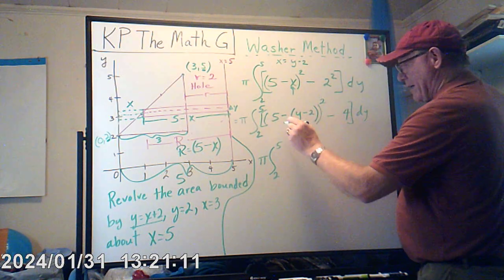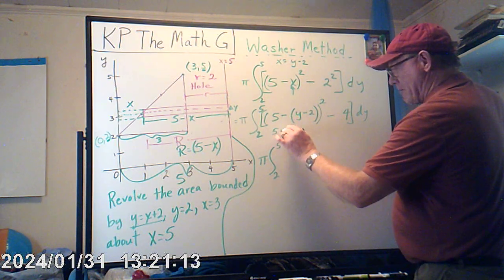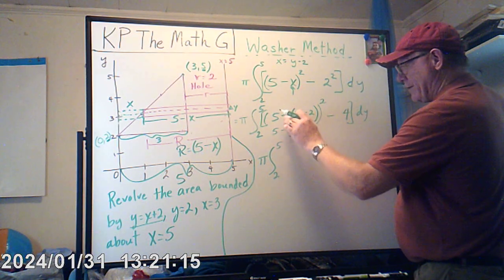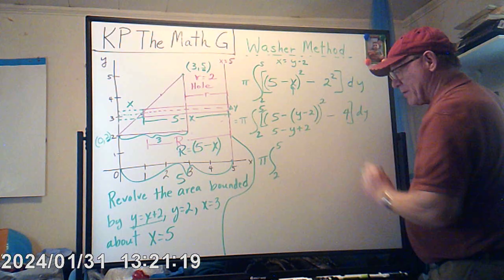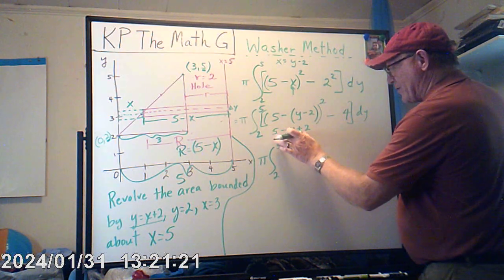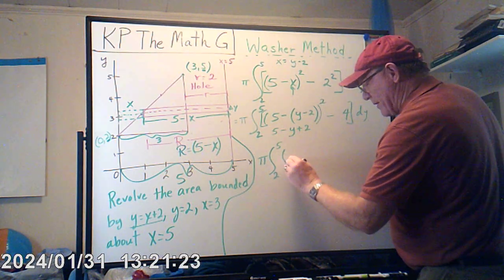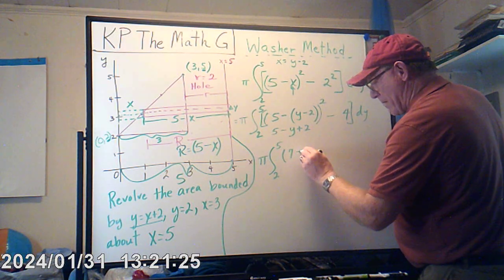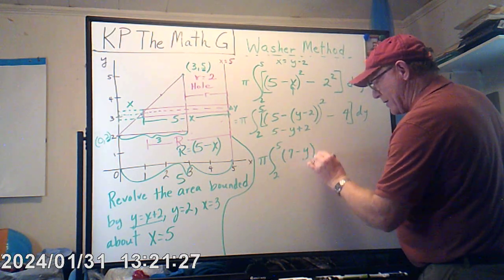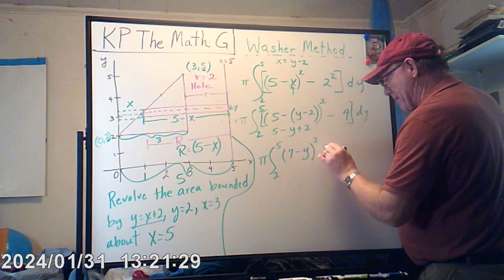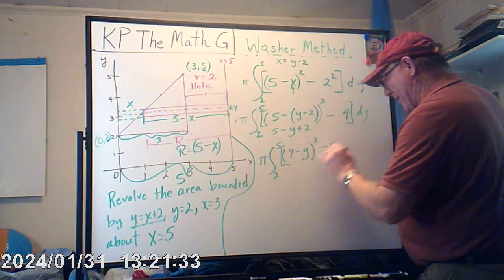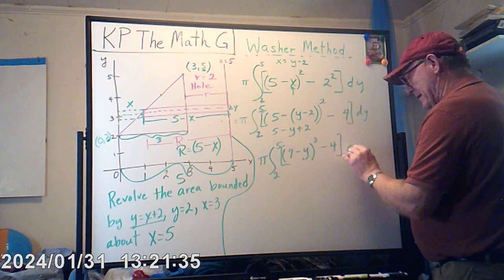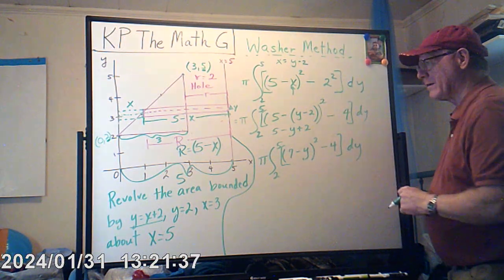So let's see. 5 minus y, distribute in the minus sign, plus 2. 5 plus 2 is 7. So this will be 7 minus y squared minus 4, all of that, dy.